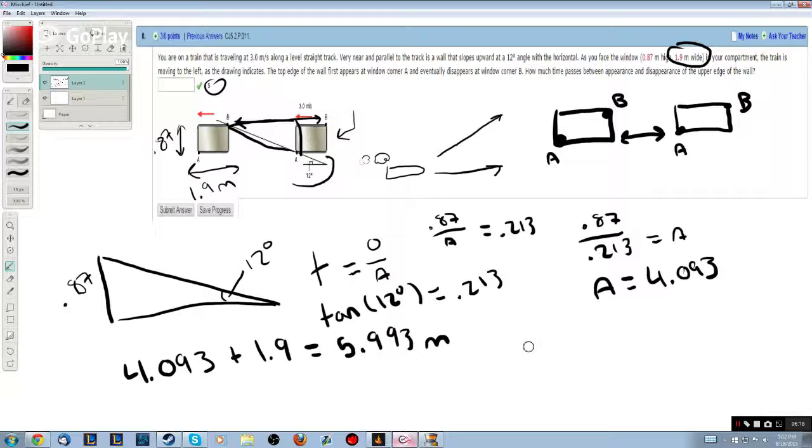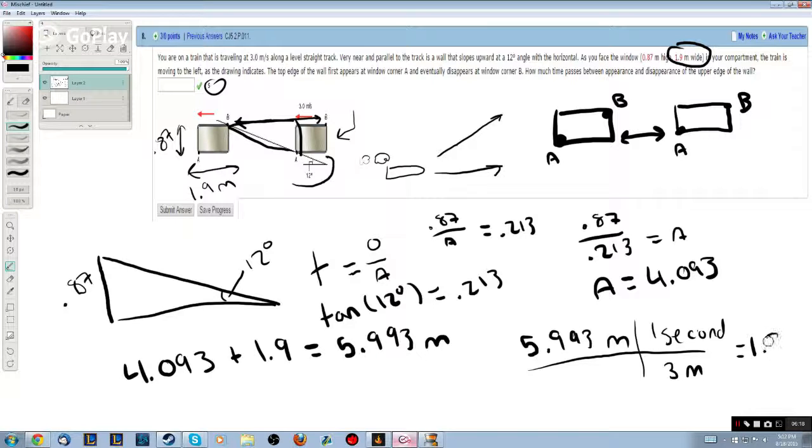So, if we're traveling at 3 meters per second, 5.993 meters divided by 1, or multiplied by 1 second over 3 meters is going to give us an answer of about 1.997 seconds. That's supposed to be a 7 down there. So, 1.997 seconds is our answer.